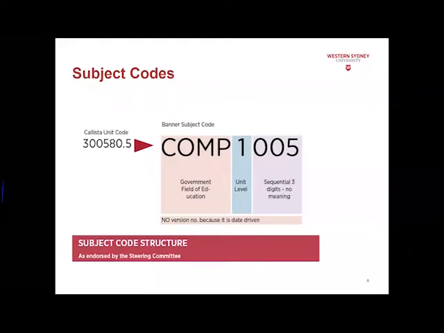There will not be a version number anymore. Banner works with effective dates rather than versioning. So you'll have a subject code, and it will be driven by its effective from this date.